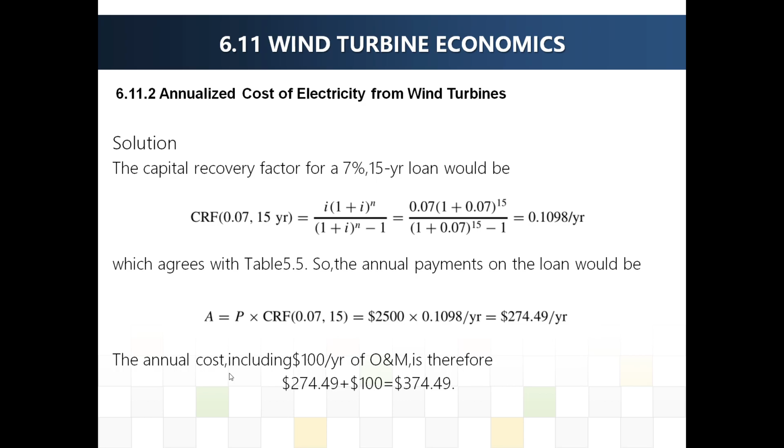Since the principal is $2,500, multiplying by the capital recovery factor, we obtain A equal to $274.49 per year, plus the annual $100 per year O&M cost. Therefore, the total cost is $374.49.